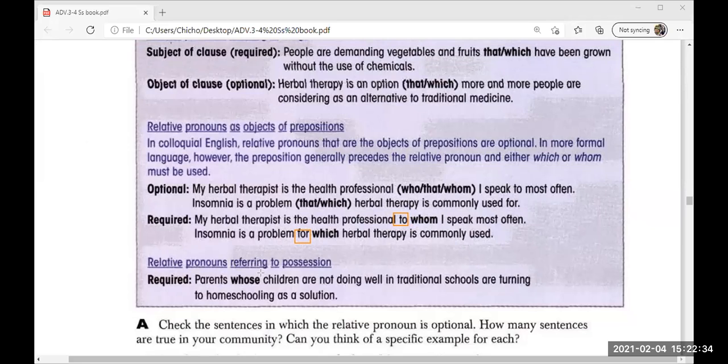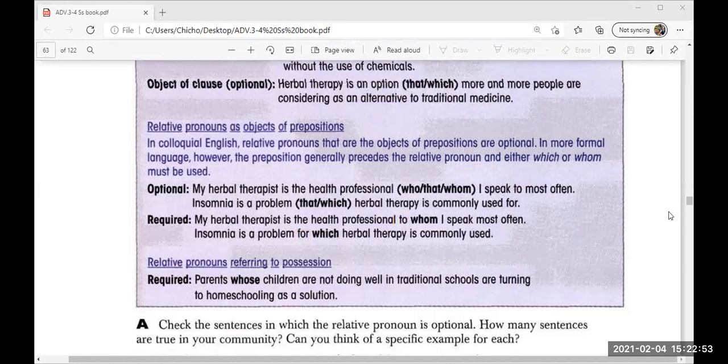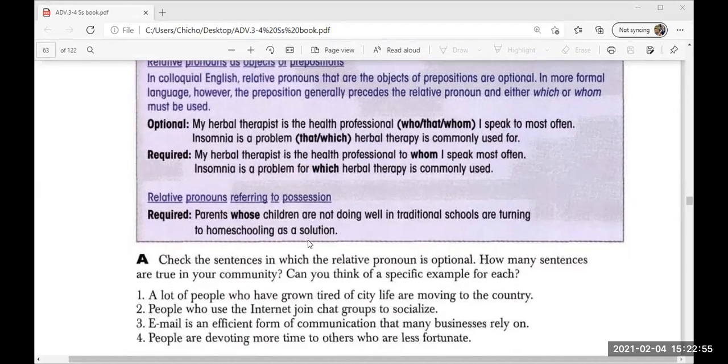And then we have the relative pronoun referring to possession. Required, it says. Parents whose children are not doing well in traditional school are turning to homeschooling as a solution. Here we have exactly the same explanation, but you have this in your books, okay?